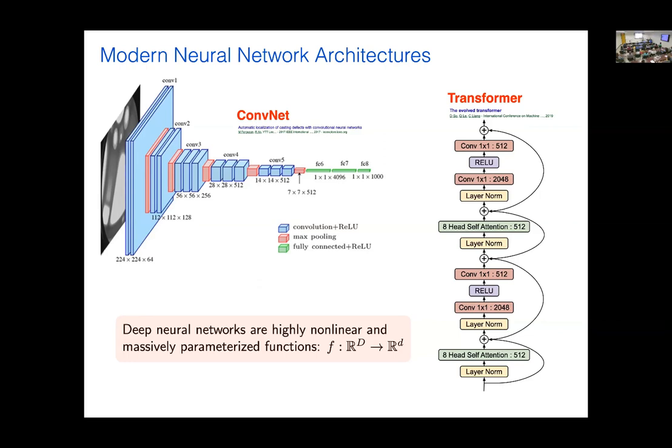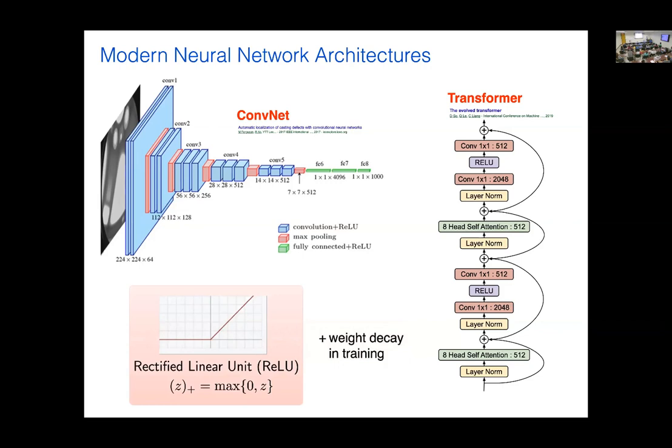They're just functions that we somehow parameterize with a bunch of weights and other things in these various architectures. So we want to think of them that way, as functions, and ask what can we understand about those functions? The other important thing to know about all of these modern architectures is they involve a couple of very common elements throughout them.